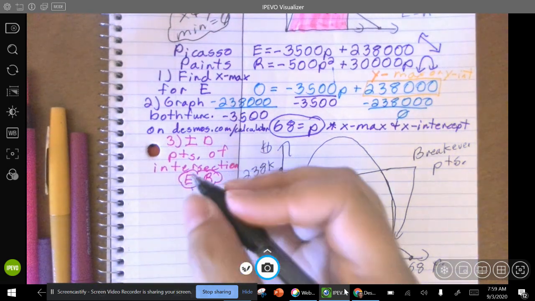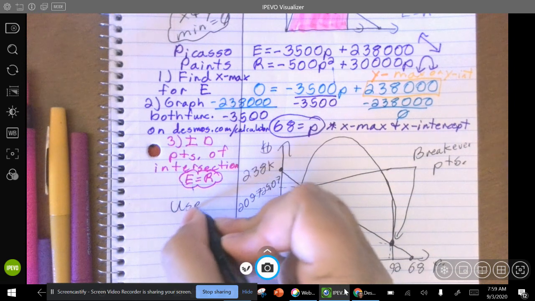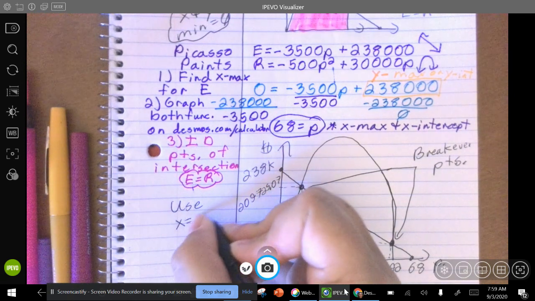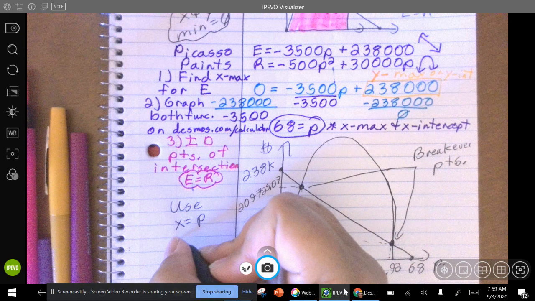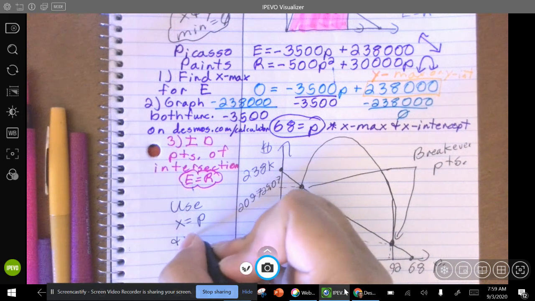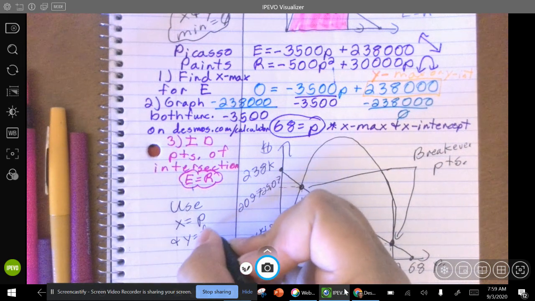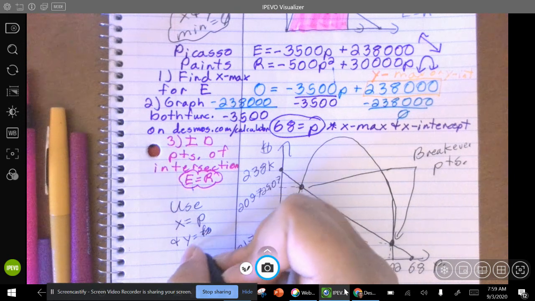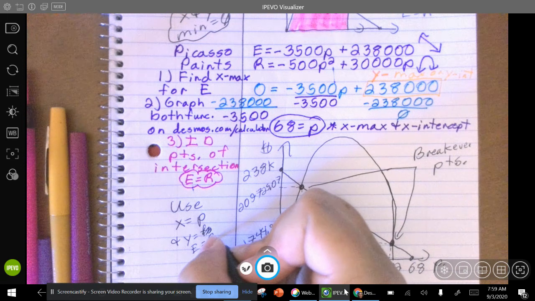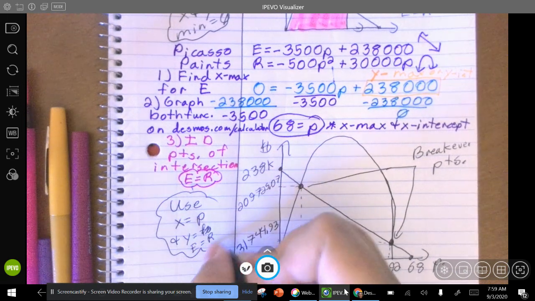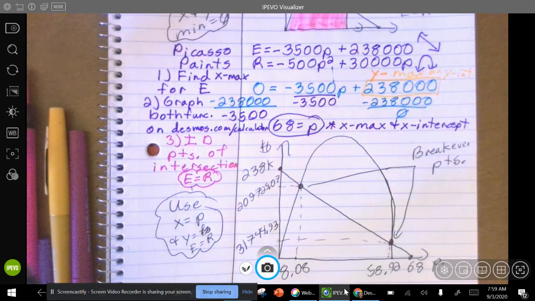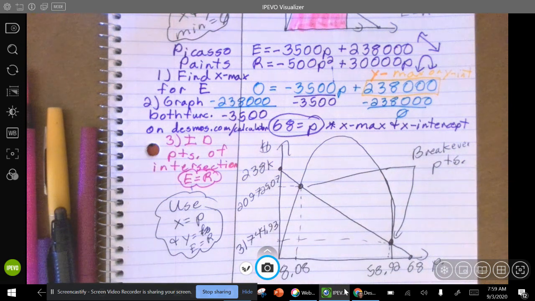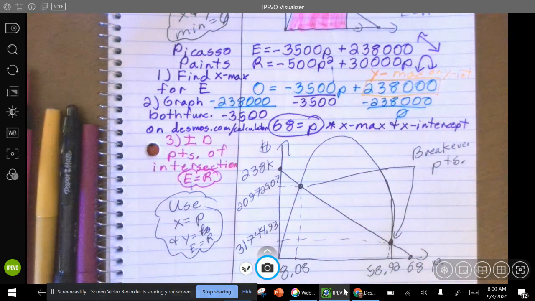Okay, notice that we definitely use X for P, and we use Y equals Y for E and R for our revenue and our expense. Okay, so your turn, everybody. Let's do another example.